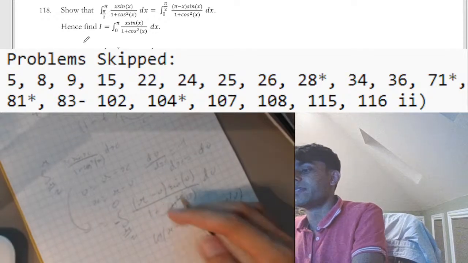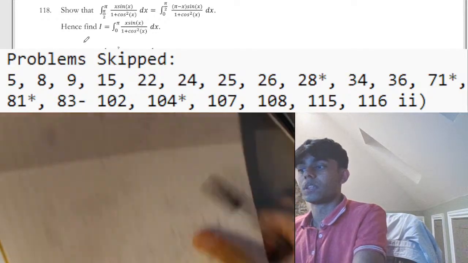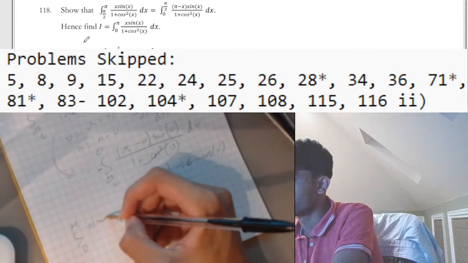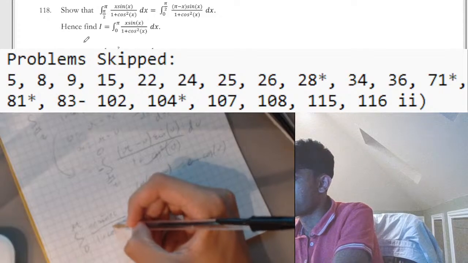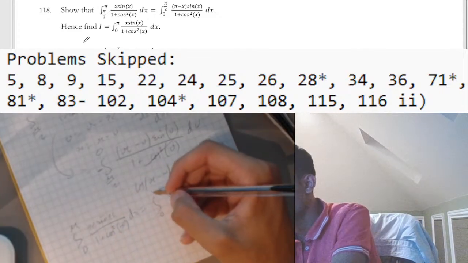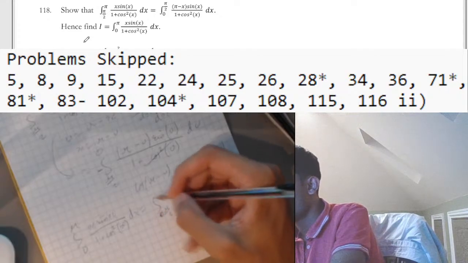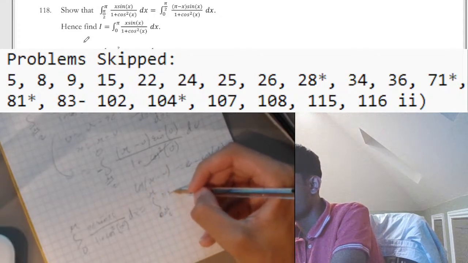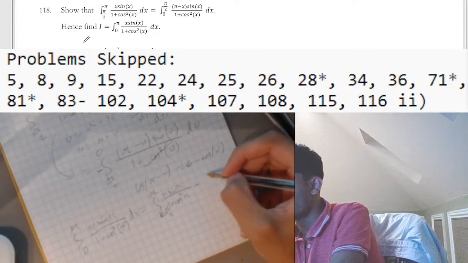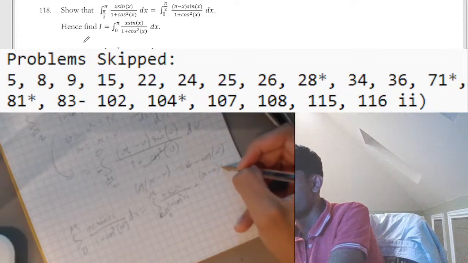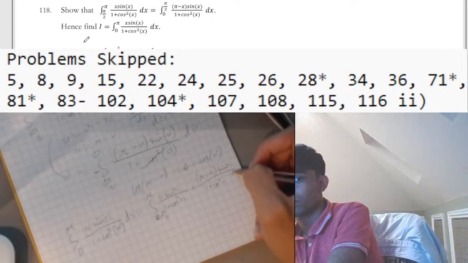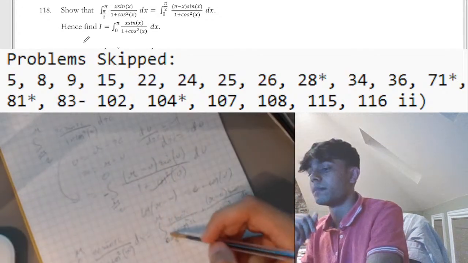And then find that integral. Well, that integral is just the sum of the two things, which we know are equal. This shouldn't be too bad.